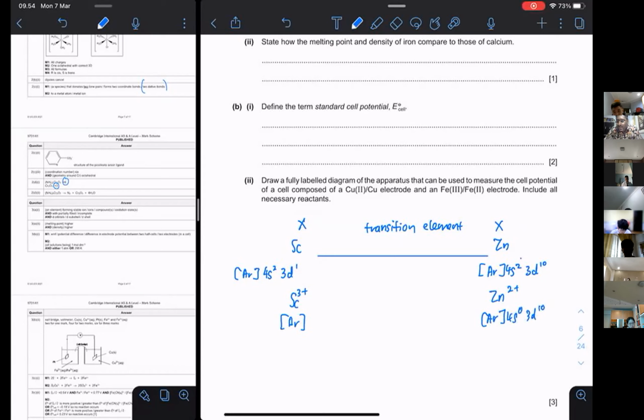If they ask about zinc chloride or zinc nitrate, why the complex is white and not colored, the reason is that even though there is d orbital splitting, the orbitals are full. The electrons cannot be promoted from a lower to a higher energy level, so they don't absorb a frequency of light. That is why zinc and scandium are not included as transition elements.